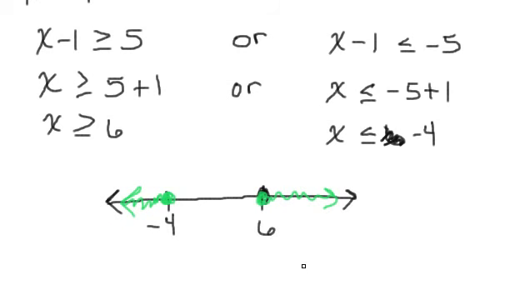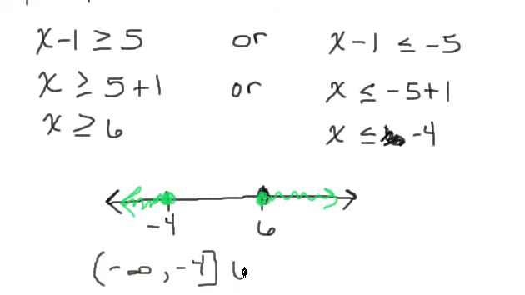Alright, well let's go ahead and write out our interval. So it's going off to infinity. To the left, it's supposed to be an infinity symbol. So negative infinity to negative 4. We got a solid dot here, that means we include it. Okay.